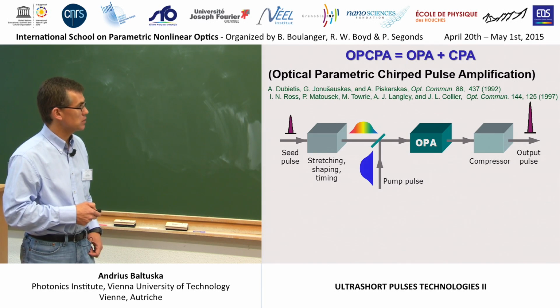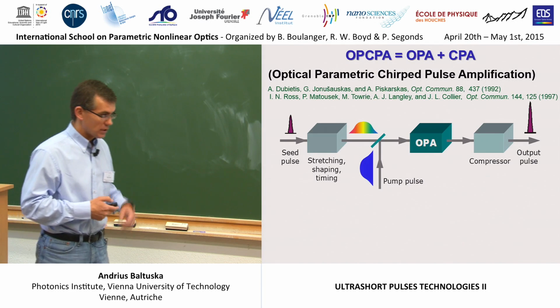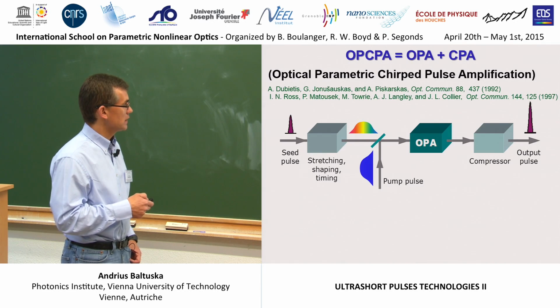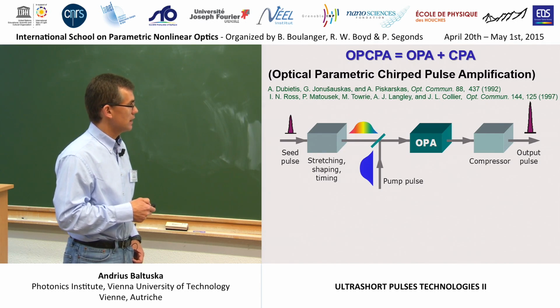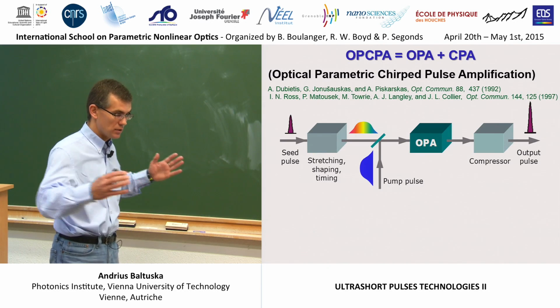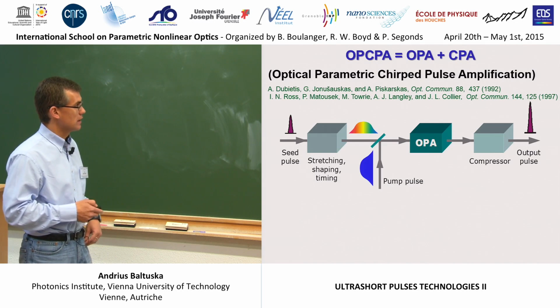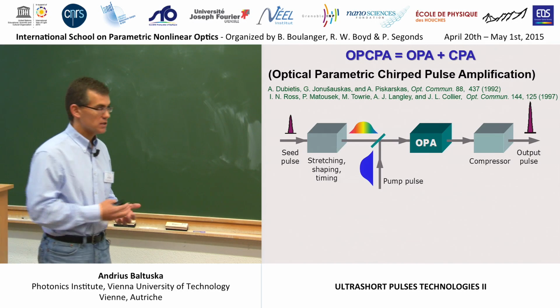But as I already mentioned, there's a different type of problem related to instantaneous interaction between the seed and the pump. So to ensure that the energy is flowing from the pump to the amplified seed, we need to do temporal overlap, and that can only be done by stretching the seed pulse, because the pump pulses that we take are intrinsically longer.